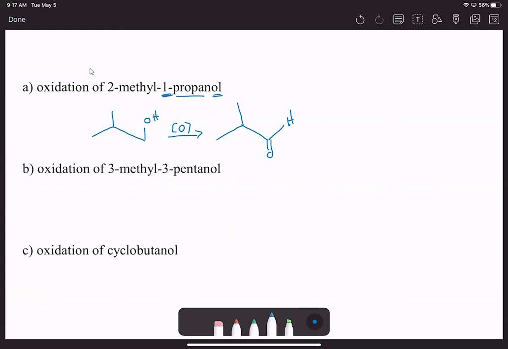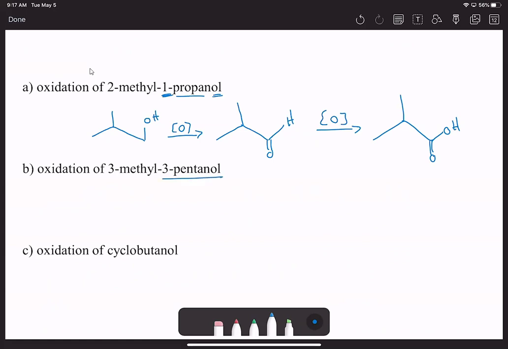So we form an aldehyde first. If we oxidize it again, wherever that alcohol group was on carbon number 1, again I'm going to form my carbonyl, but this time I'm going to have a hydroxy group on it. So there's oxidation of 2-methyl-1-propanol.